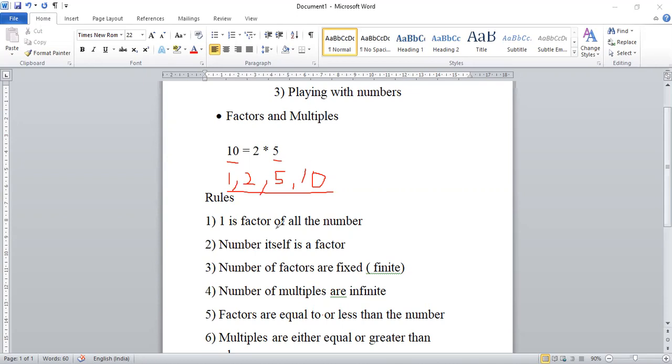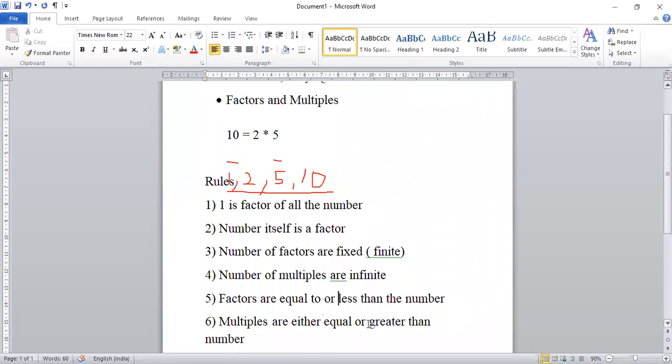But the multiples are equal to or greater than the number. How?